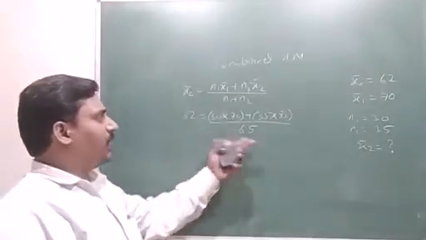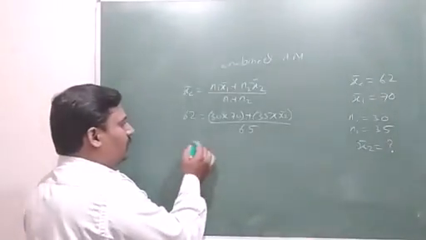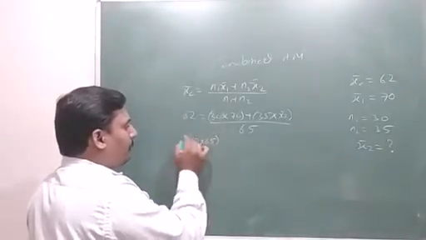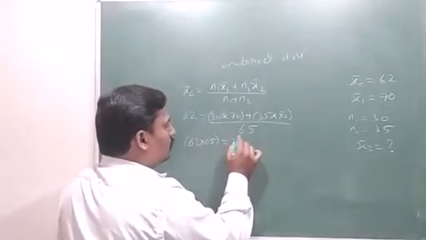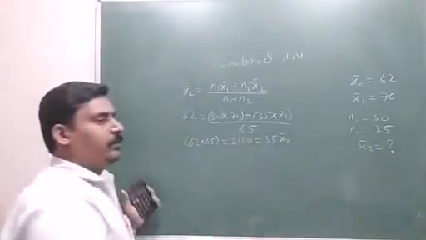Just send this 65 to the opposite side. So it becomes 62 into 65 is equal to 30 into 70, 2100, plus 35 x bar 2.